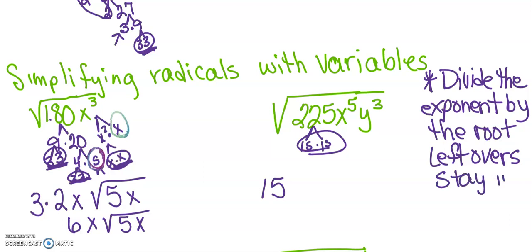I'm going to explain that. All right. So this has a square root. That means there's an invisible 2 there. So that's why we're getting 2 of a kind in order to come out of the radical.